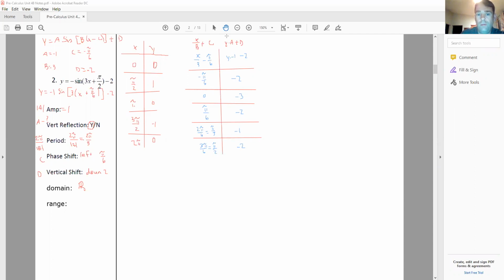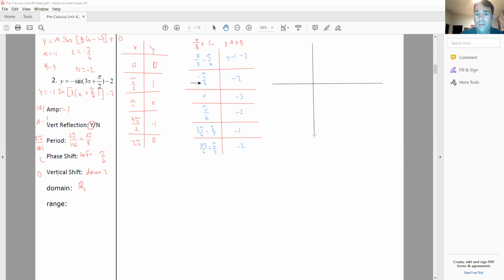So now we have our values. I go and I try to find my smallest denominator. So my smallest denominator is pi over 6. I'm going to count by pi over 6s. I always count by that smallest denominator.